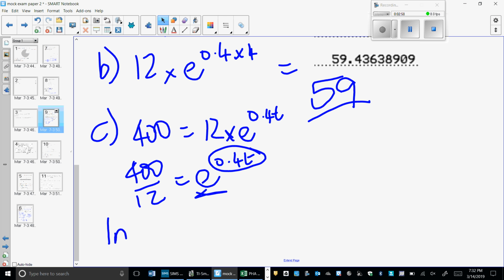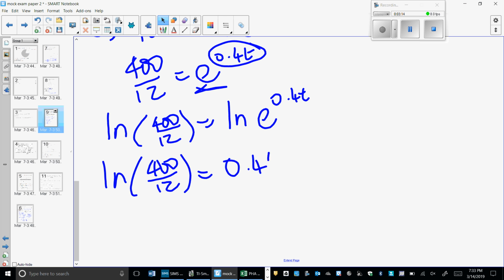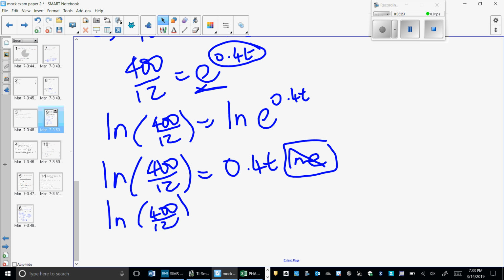So we're going to have ln of 400 over 12 equals ln E to the 0.4 T. This is obviously 1, so that's gone. So ln of 400 over 12 divided by 0.4 gives us the value of T.